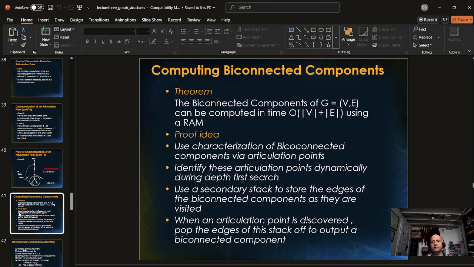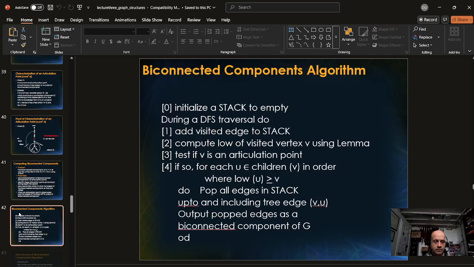Here we identify these articulation points dynamically through depth first search. In addition, we use a secondary stack to store the edges of the bi-connected components as they are visited. When an articulation point is discovered, we pop the edges off the stack to output a bi-connected component.